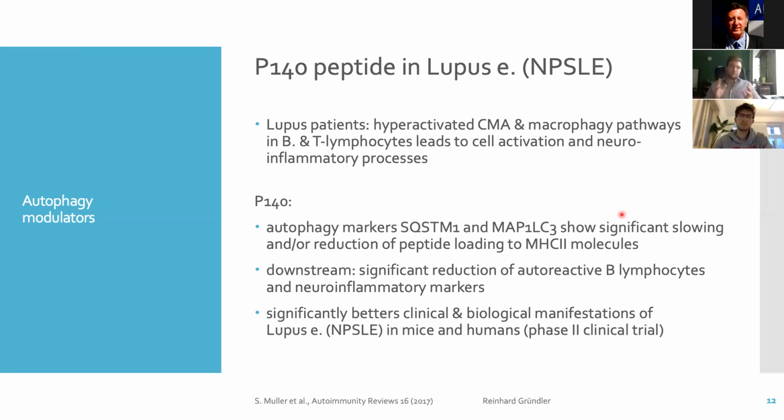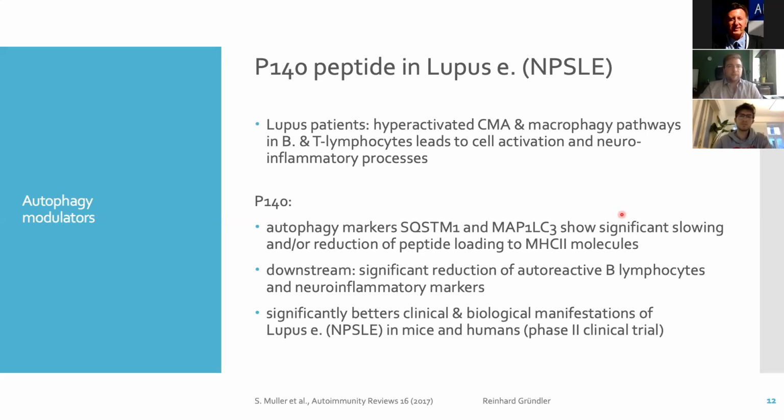So both types of autophagy are hyperactivated, and especially in B and T lymphocytes, which leads to constant cell activation and neuroinflammatory processes, which then leads to cell death in the further stages.